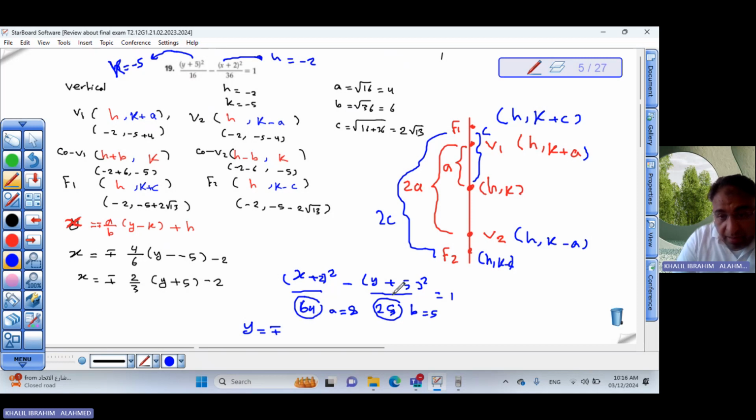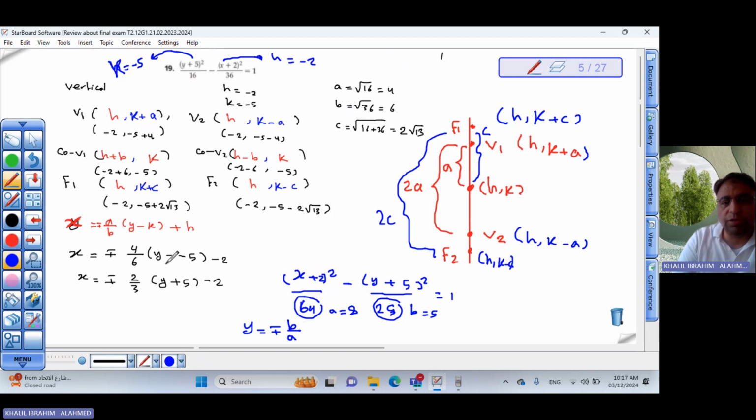The number under y is coming up: b over a. Be careful. Here the number under y is a, so a goes up, but here b goes up. Be careful about this point. That's it. Everything is y minus k equals plus minus, x minus h.